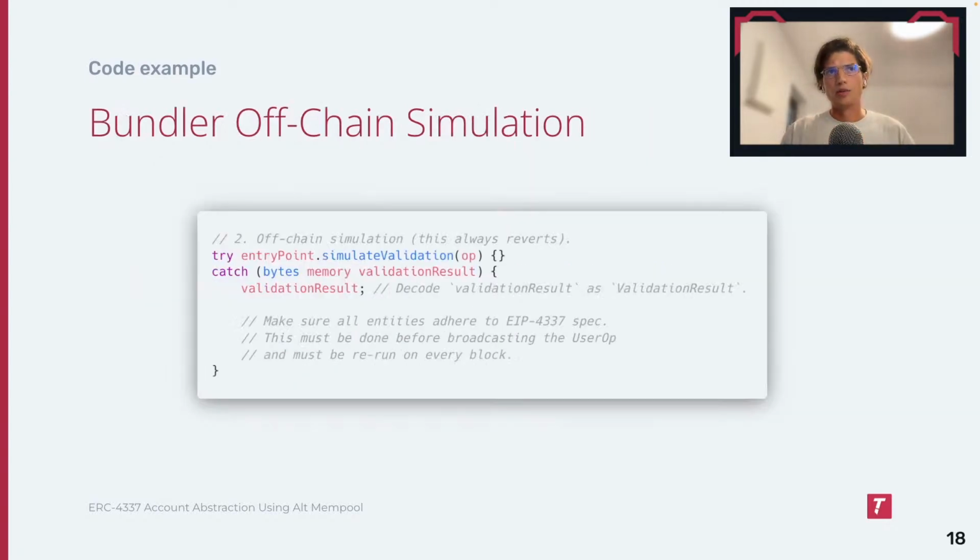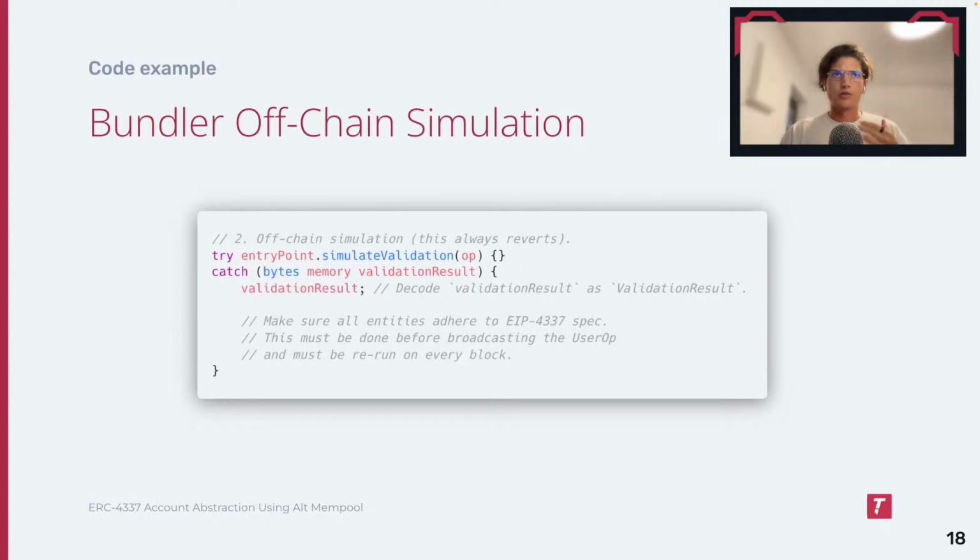So Bob off-chain has to simulate the validation, and this call always reverts. And inside of the revert, inside of the validation result, so this is basically the revert data, this can be decoded into a struct, and then you can get more data out of this.